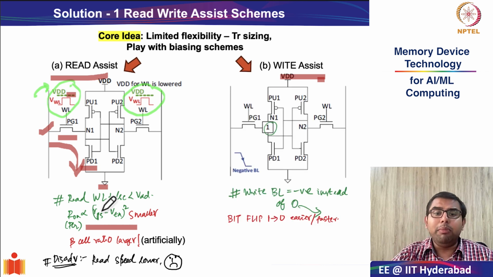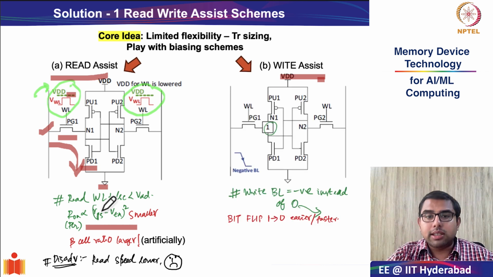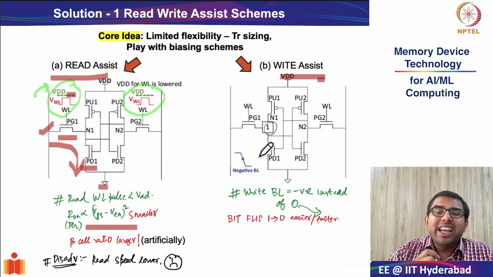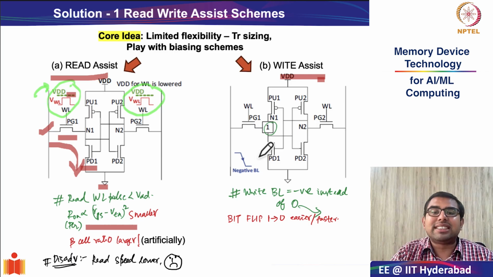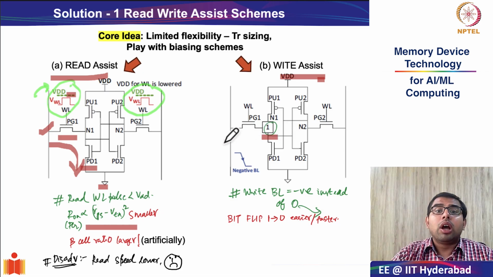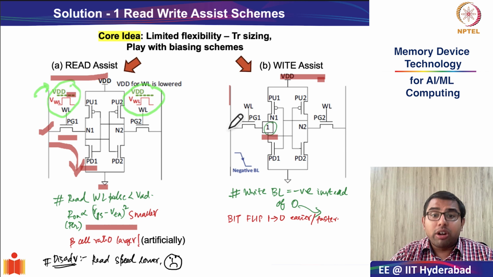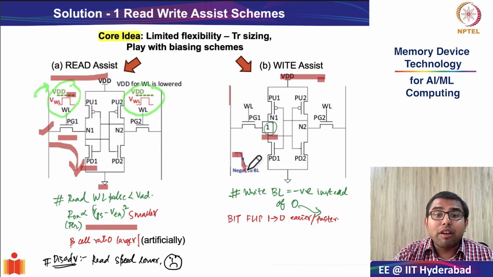In the write assist scheme, what you essentially recognize is that the initiation of the write, as we had studied 2 lectures back, is from the storage node which contains the value 1. So in write assist scheme, instead of having the bit line corresponding to the storage node which had a value of 1 grounded or deasserted to 0, you use a negative bit line value.